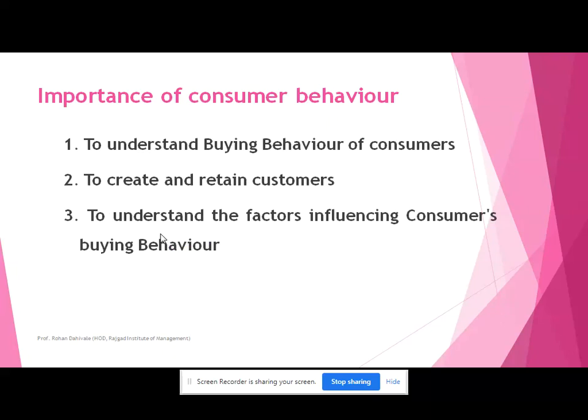So, the consumer may buy products or services for purchase, consumption, or disposal. Now, we will see one by one. What are the various purchase activities conducted by customers? The purchase of goods and services, how consumers acquire products and services, and all the activities leading up to a purchase decision, including information search regarding which types of products are available in the market.